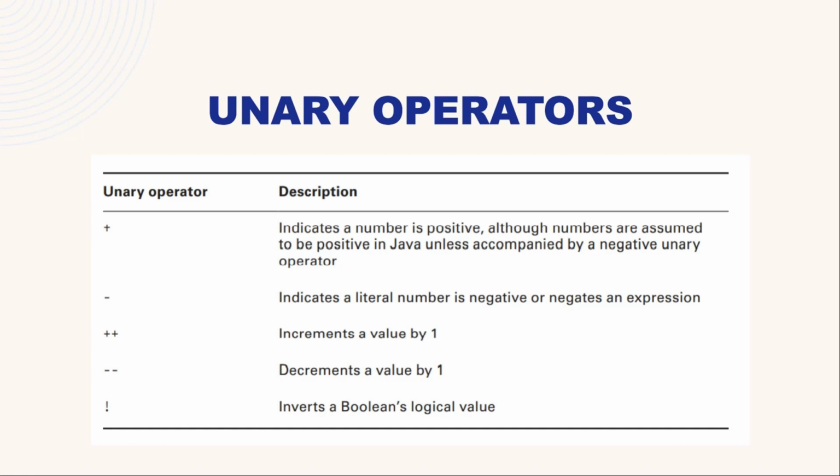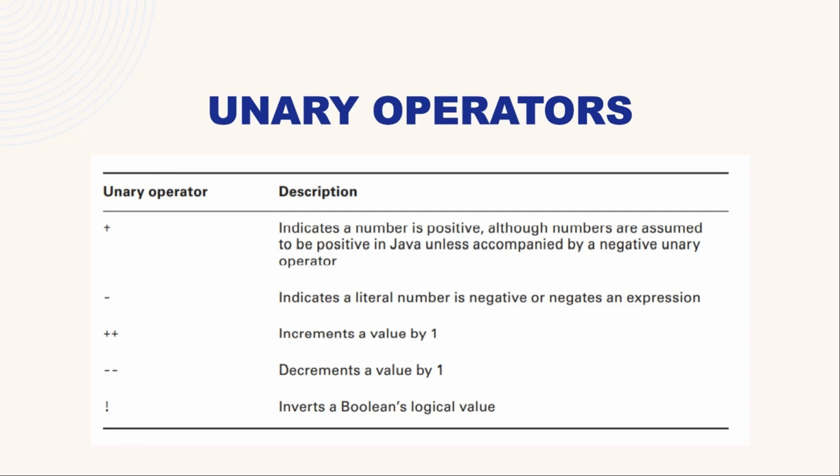Then we have plus plus, which increments a value by 1. We are going to see pre and post increment and decrement operators. Plus plus means it increments a value by 1, and minus minus means it decrements a value by 1. And at the end we have the invert operator, or negation operator, or not operator, which inverts a boolean's logical value.